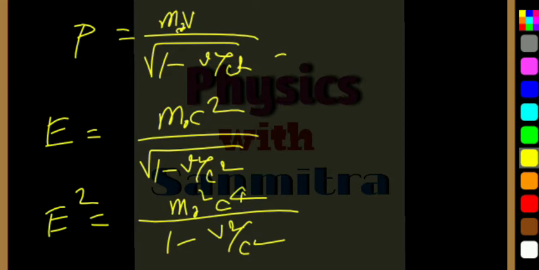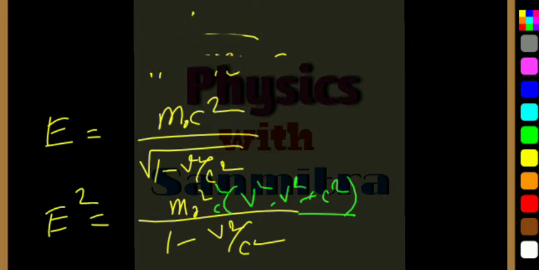Now this c to the power 4, we will be writing as just a mathematical manipulation. I will take c square outside and I will write here c square as v square minus v square plus c square. So this 0 I am resolving into v square and minus v square. Now let's see what I can write.